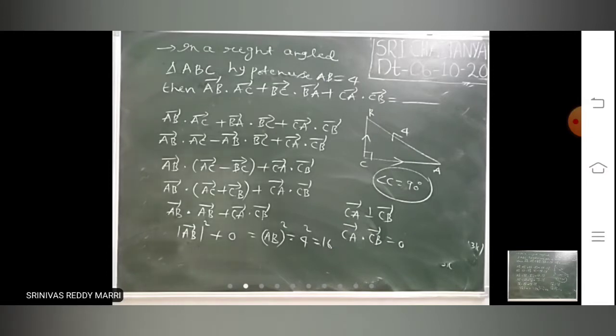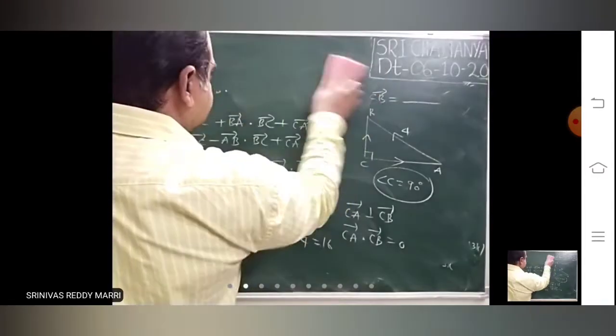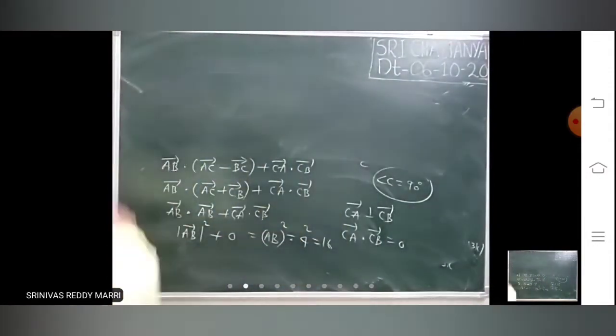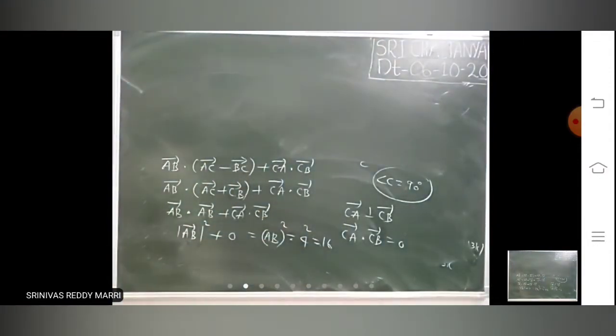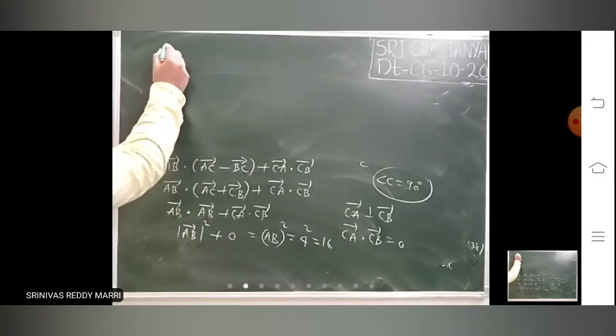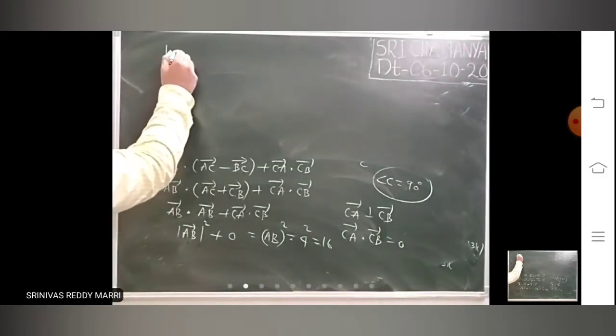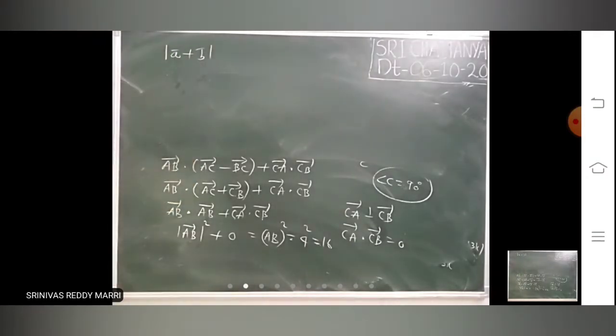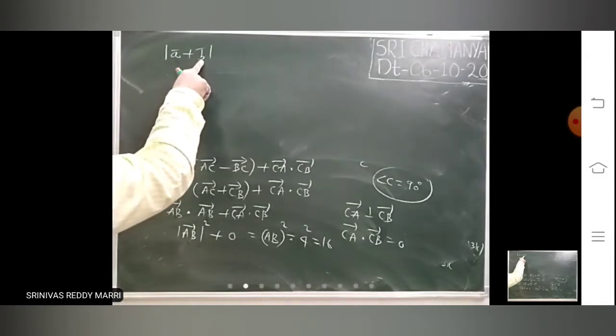Next, look at. Suppose two vectors, some magnitude. These are two vectors, sum is there.